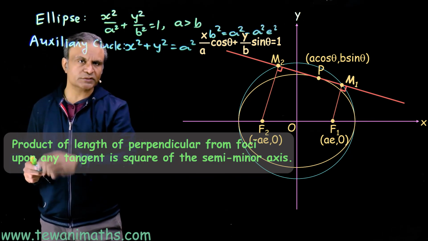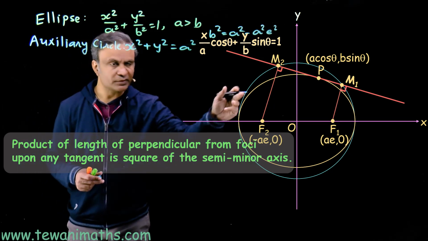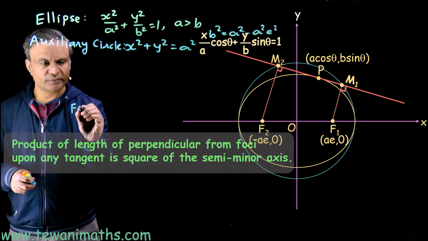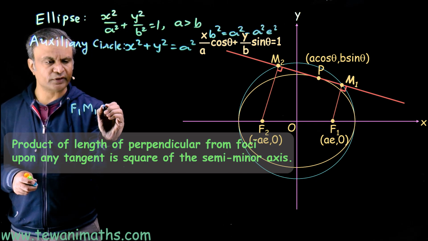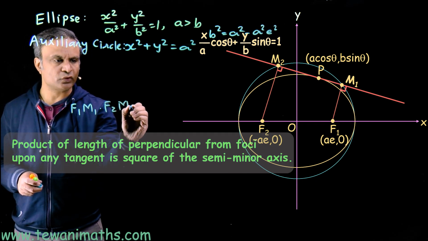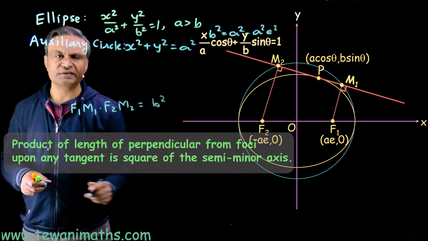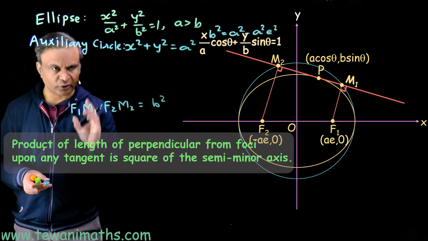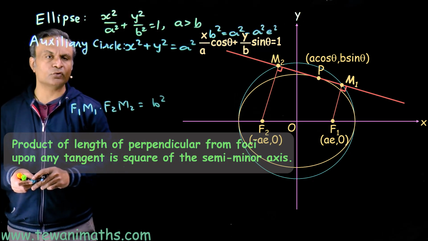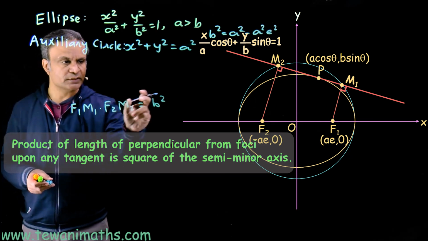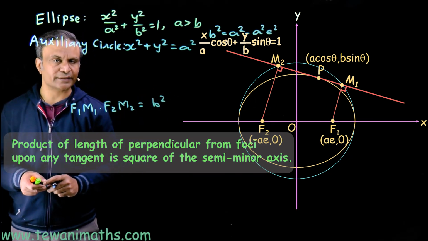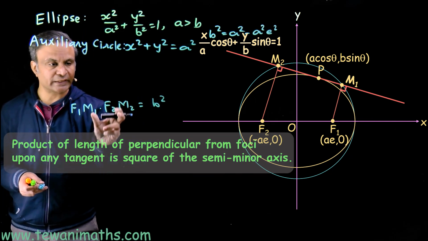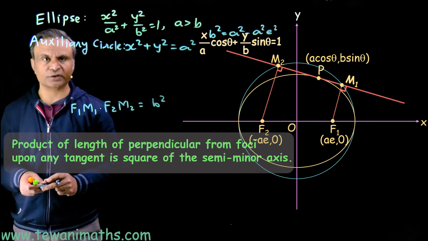So according to this property and from this diagram, we must have f1 m1 multiplied by f2 m2 is equal to b square. Product of length of perpendiculars from foci f1 and f2 is square of semi-minor axis, and here it is b. So this product is b square.